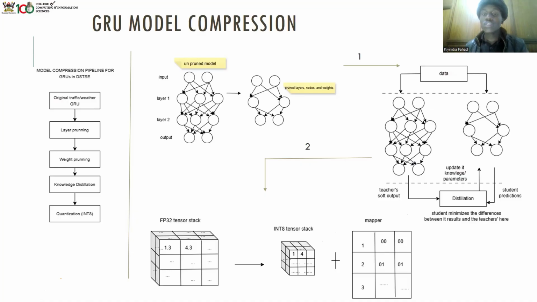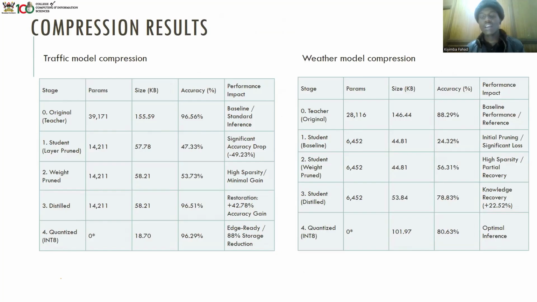So we have to go through these four steps, okay? Layer pruning, weight pruning, node distillation, then quantization, to make that fine model smaller but highly accurate and able to fit on edge devices. So the compression results are just as listed below. We have traffic model compression and weather model compression.